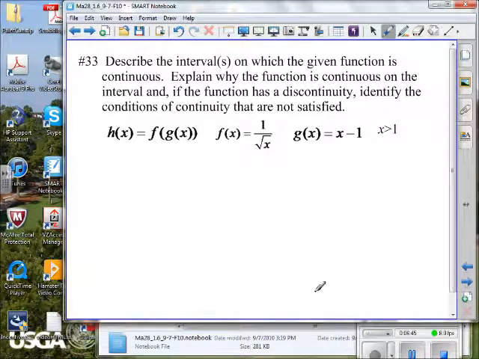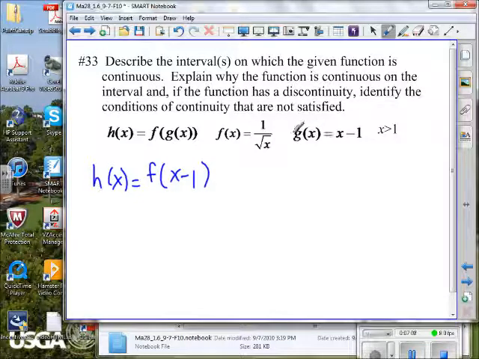Okay. If I am looking at h of x, and I know that it's f of g of x, what's another way I can write f of g of x? F of what? F of x minus 1. Why?